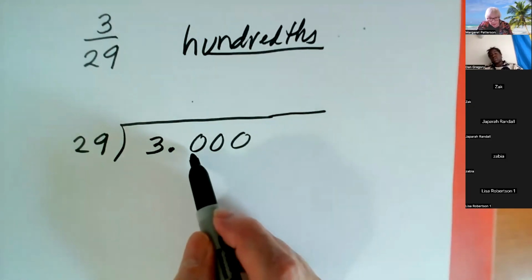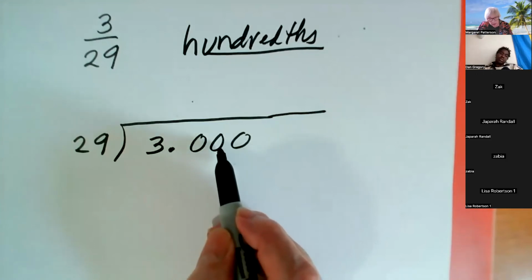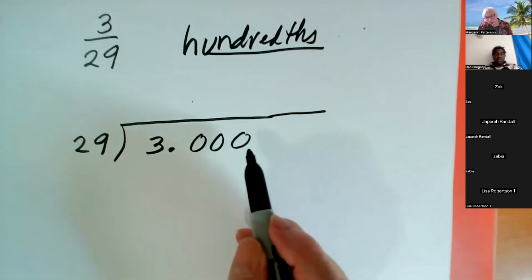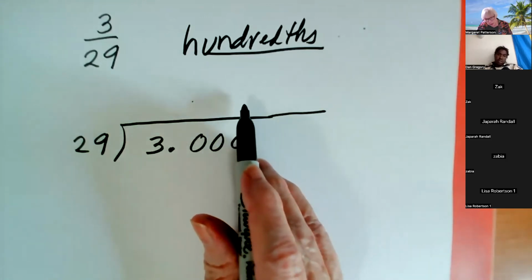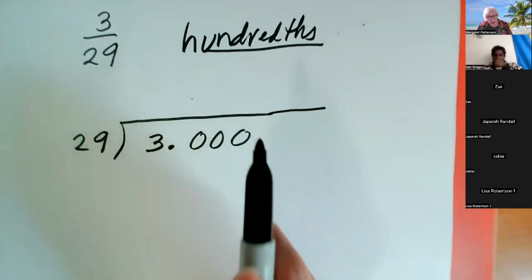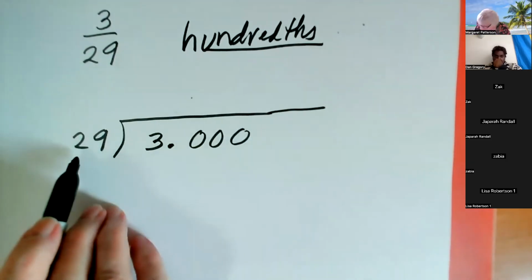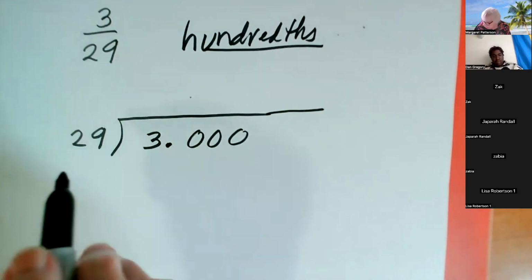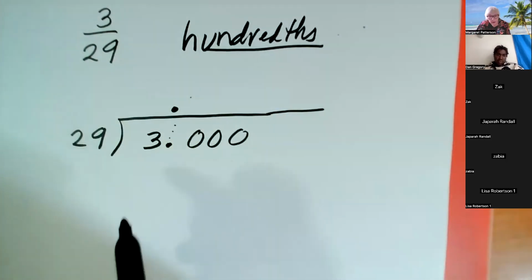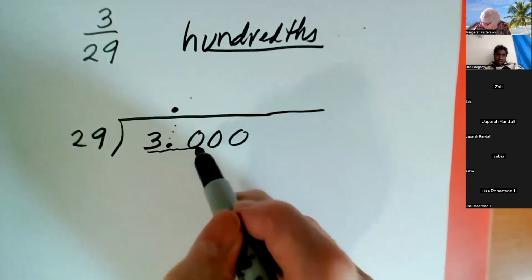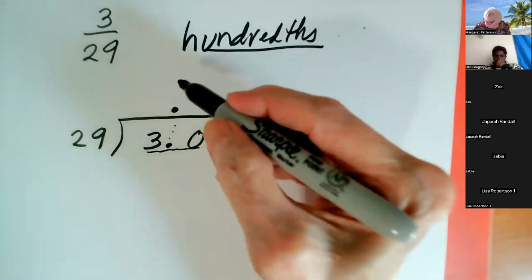So this is tenths and this is hundredths. To figure out rounding, you really need to add one more zero so you can have a number to stare at and decide about that last place. So this is a whole number. I'm going to take this decimal point and bring it straight up. And so my first job will be 29 into 30 goes once.